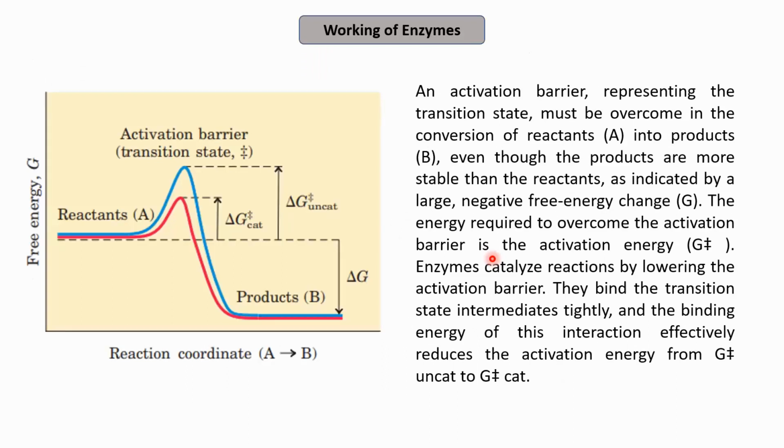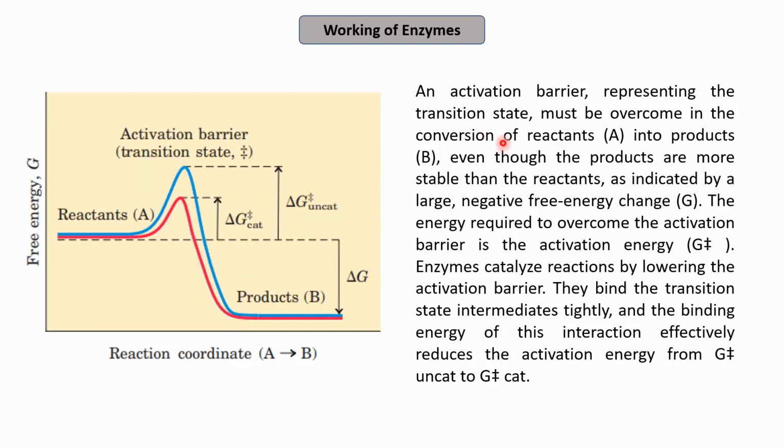So how do these enzymes help in catalyzing a reaction? What is the working principle of the enzyme? Whenever a reaction has to happen, it has to pass through the activation barrier to convert into a product. If I talk about the reactant A, which has a free energy, let's say X, it will form a product which has a lower free energy, let's say Y, and to convert from reactant A to product B, it has to pass through an activation barrier, which is the free energy barrier that it has to cross.